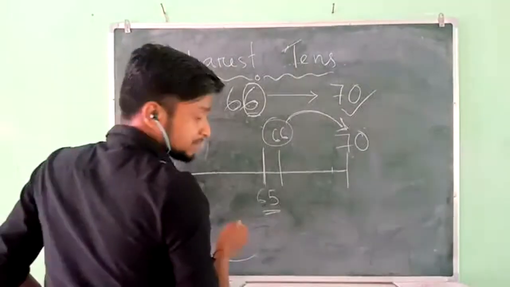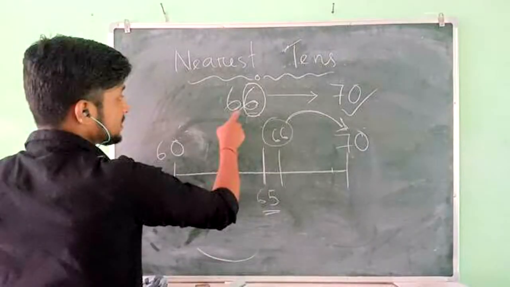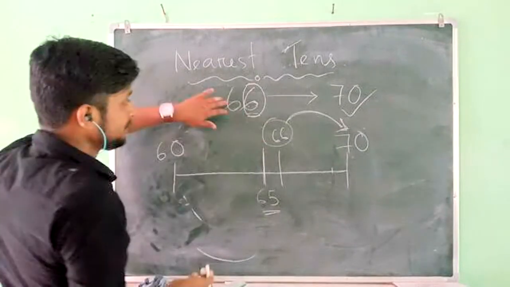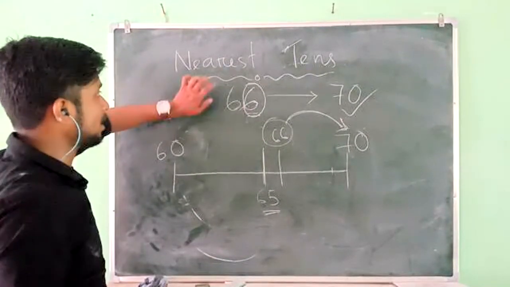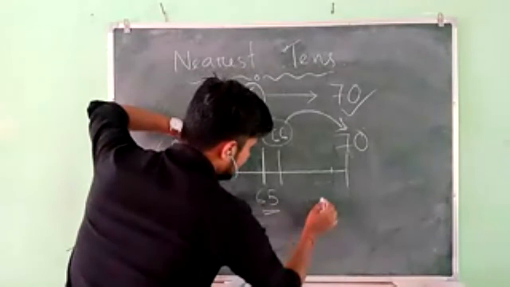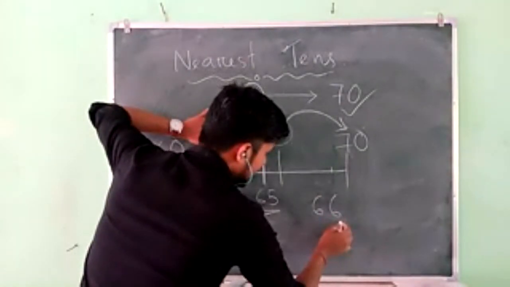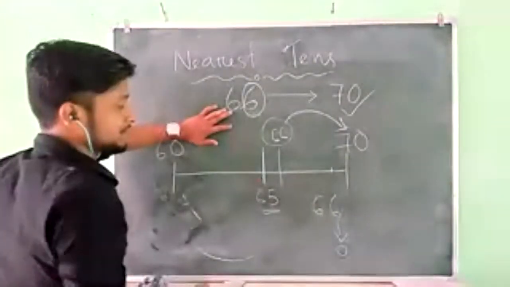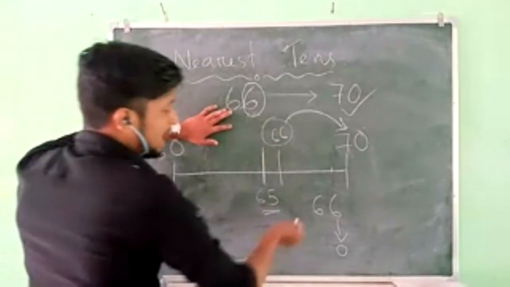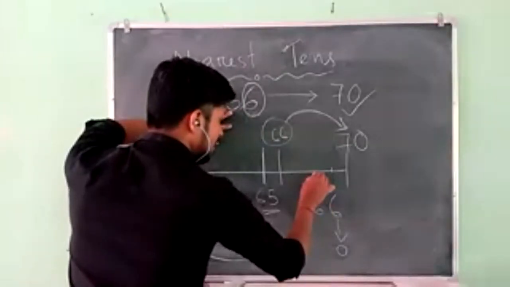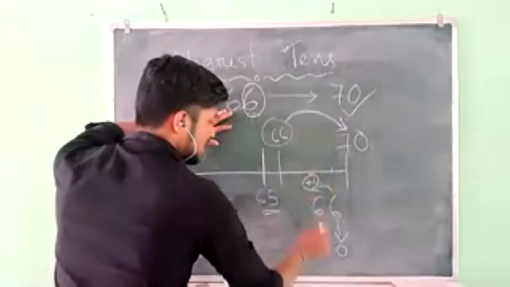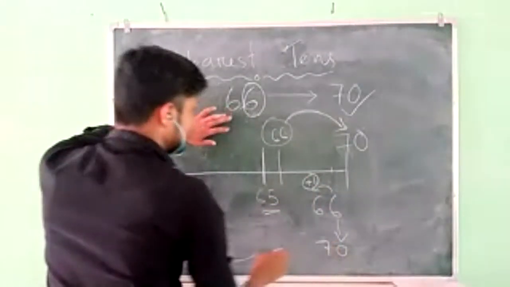So it is 66. When rounding off to the nearest 10, this 6 will become 0 and to the tens digit 6 we will add 1, so 6 plus 1 is 7.